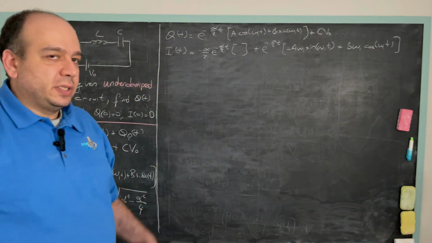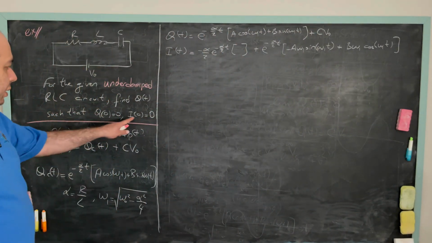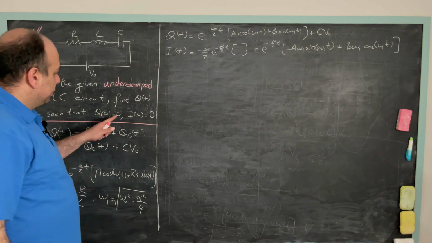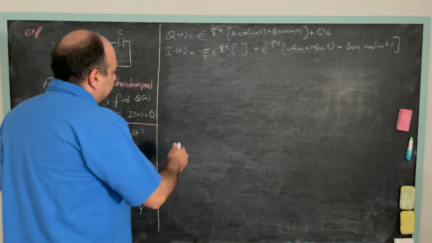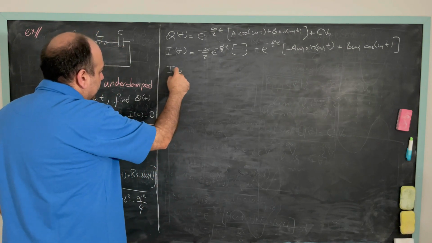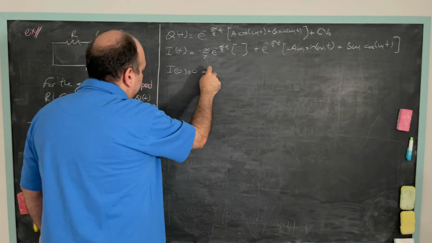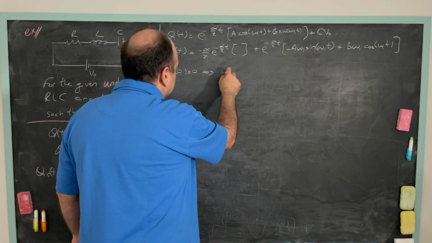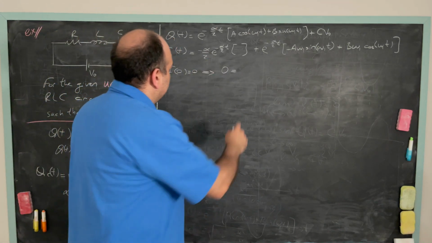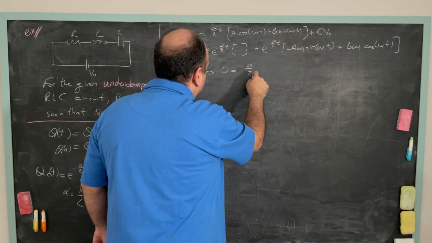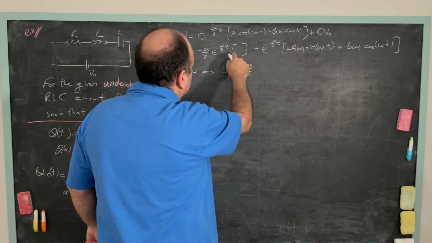At this point, we will use the initial conditions. Q0 is equal to 0, I0 is equal to 0. So let's start with I0 is equal to 0. This tells us that 0 is equal to minus alpha over 2 times this term.